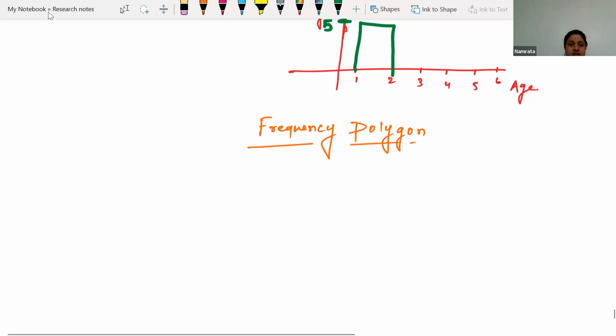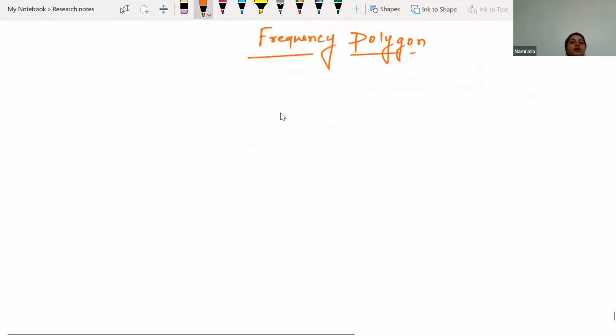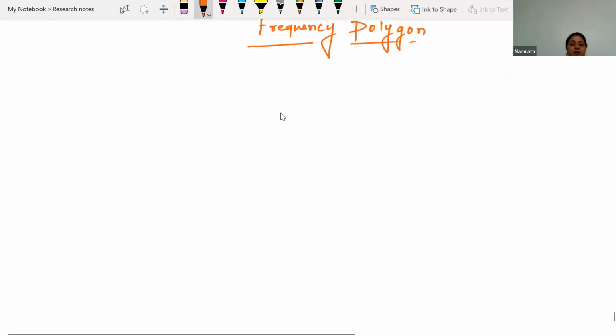Okay, let's take one example, and with the help of the example we will understand what exactly a frequency polygon is, and how we can draw a frequency polygon. So let me draw the table first.